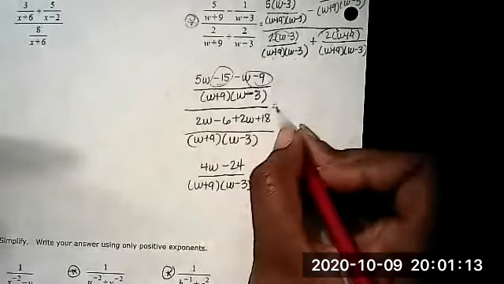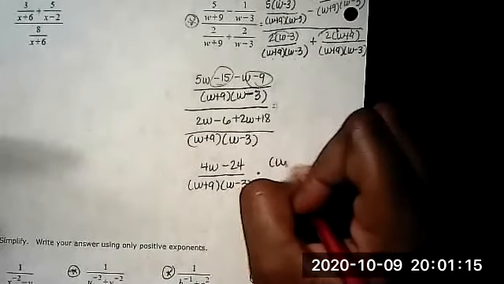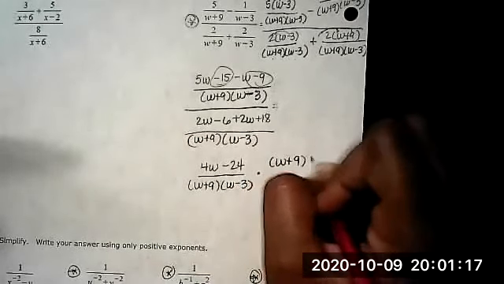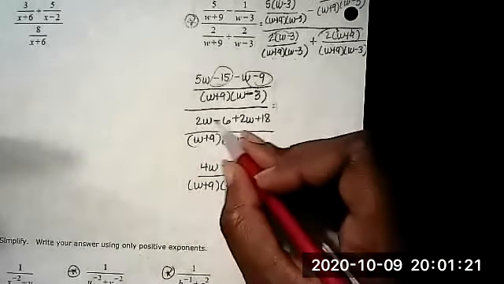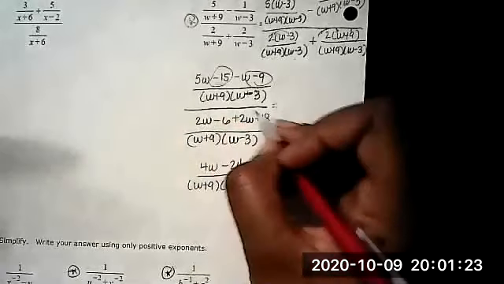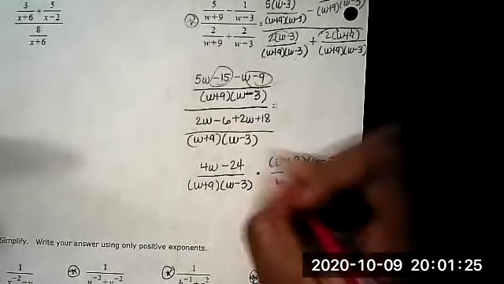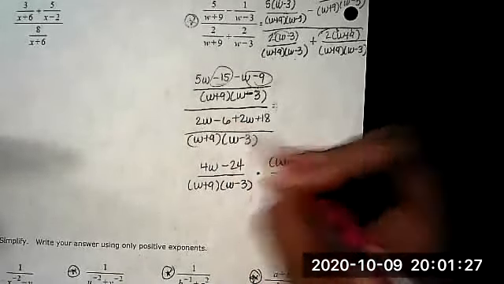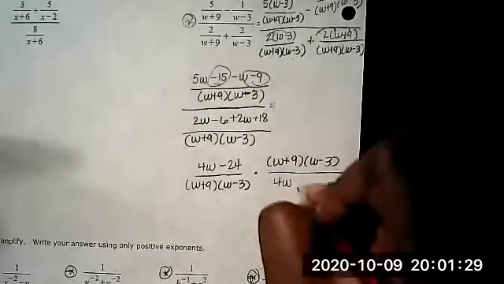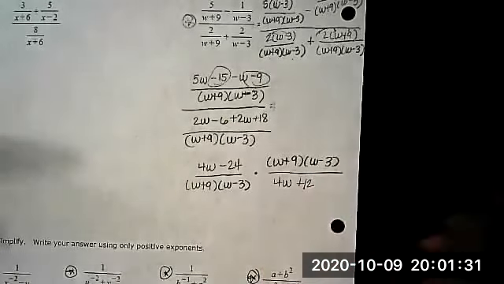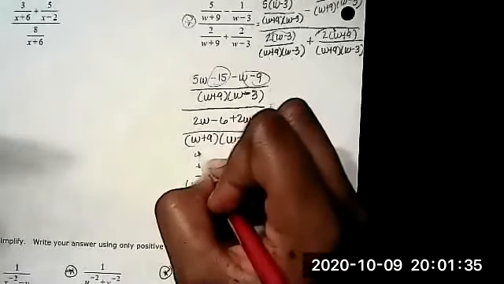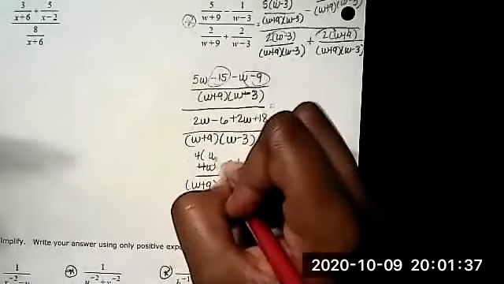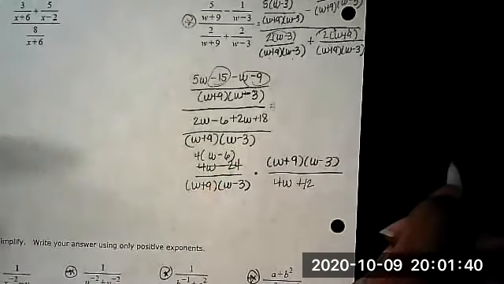Times, instead of dividing, I'm multiplying by the reciprocal. W plus 9, W minus 3, and then putting this part at the bottom, combine like terms, 2W plus 2W is 4W. And then 18 minus 6 is positive 12. I am going to take the greatest common factor 4 out, W minus 6 there.